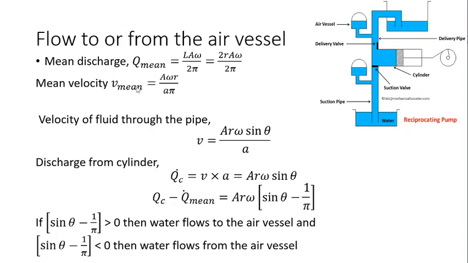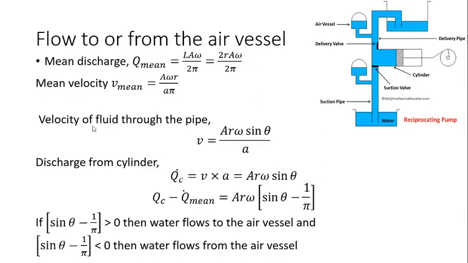Then the mean velocity of the fluid in the pipe is equal to Q mean divided by the area of the pipe. So Q mean is A omega R by pi, divided by A, which gives omega R by pi.